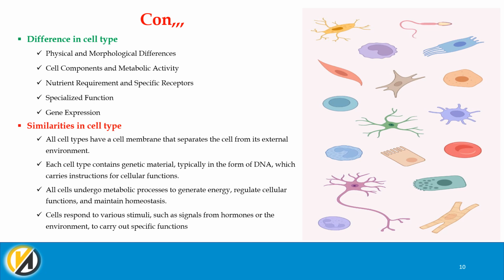In addition, all cells undergo metabolic processes to generate energy, regulate cellular functions, and maintain homeostasis. Cells also respond to various stimuli, such as signals from hormones or the environment, to carry out their specific functions. These are some of their similarities and differences.